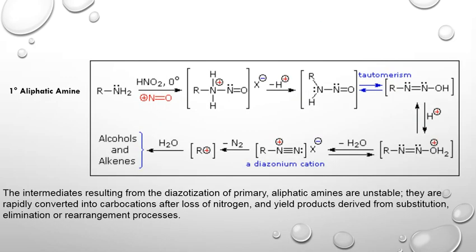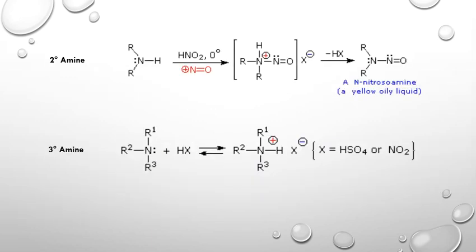And we can also get it from a primary aliphatic amine, but this product is unstable because it converts to the carbocation to give another product, and the secondary amine will give N-nitrosoamine, and with the tertiary amine you will get ammonium ions.